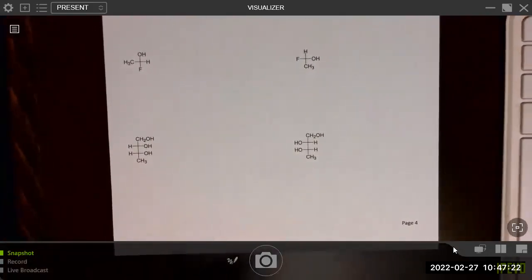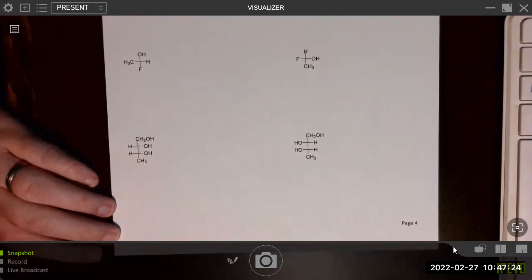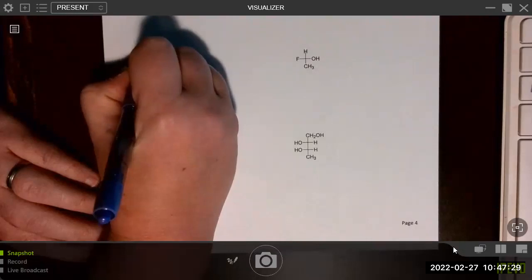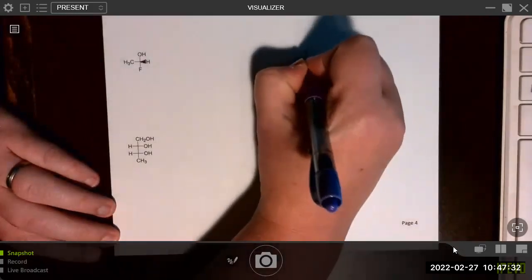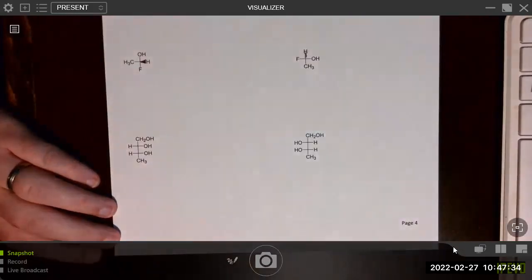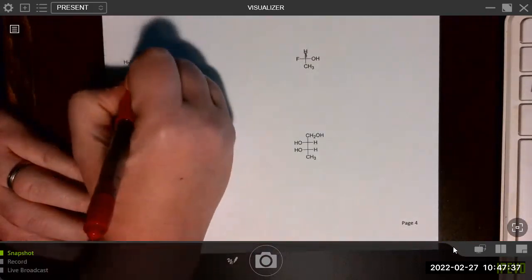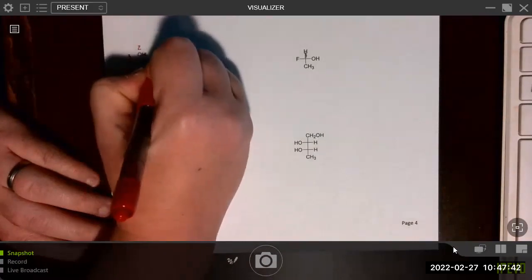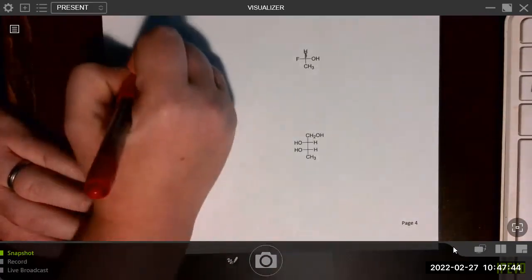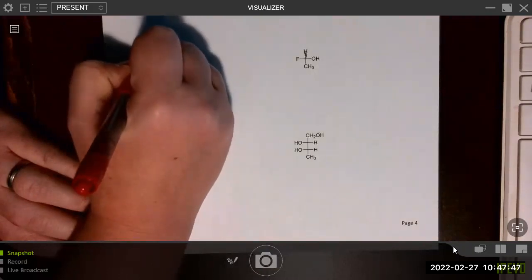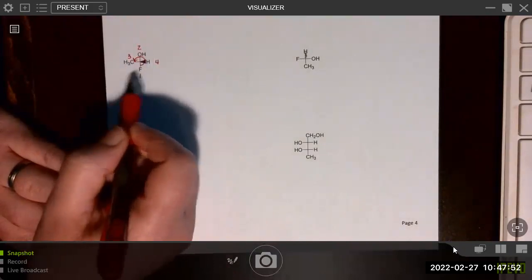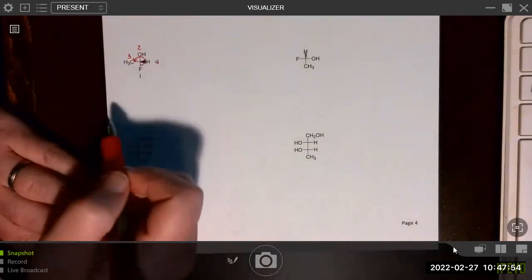Looking at the next one, we want to recognize that really all that matters is the fourth priority group here is pointed out at us. And over here, it's going to be pointed back. So then we can do our analysis of priority. So 1, 2, 3, 4. Right? So we have 1 to 2 to 3. That looks like a counterclockwise rotation, except my fourth priority is coming out at me.